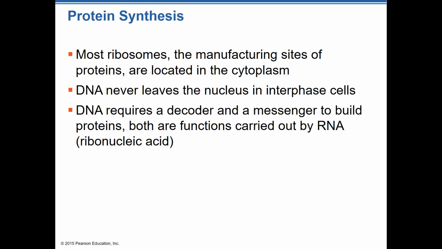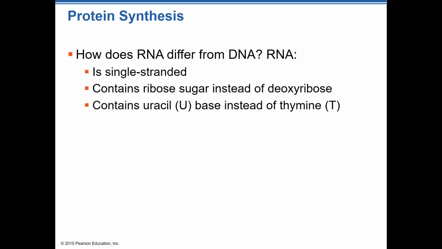It'll unravel and create a section of what's called RNA, which is a messenger form of DNA. The RNA then can leave the nucleus, and it goes into usually the rough endoplasmic reticulum. There in the rough endoplasmic reticulum at a ribosomal site, it creates a protein.